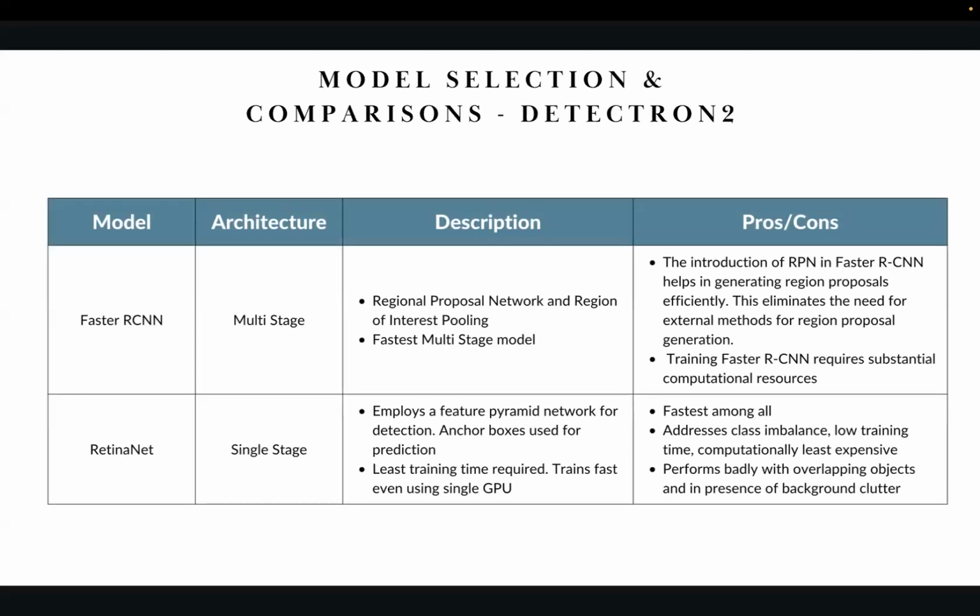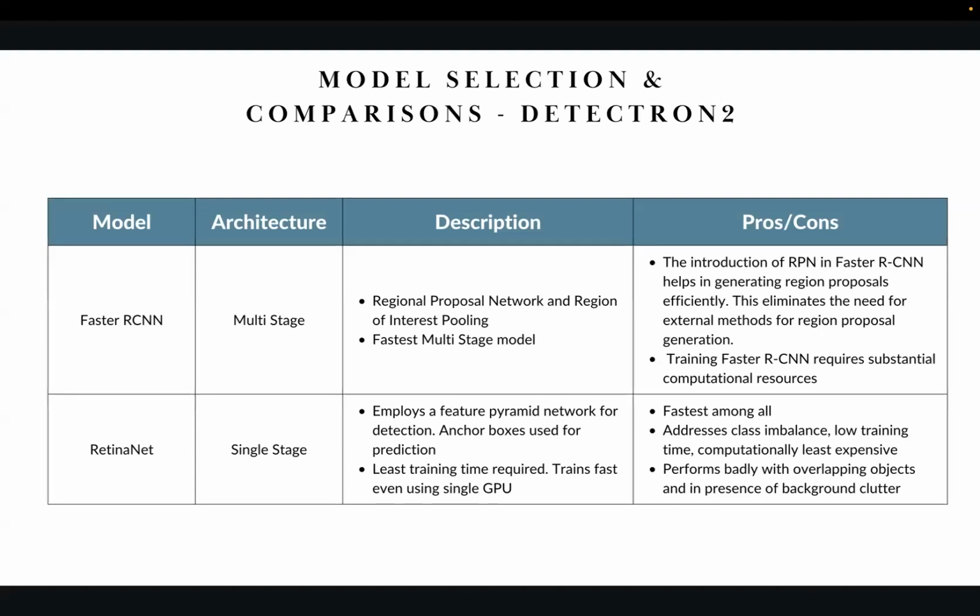And it's one of the fastest multi-stage models according to the literature survey. The introduction of RPN in Faster RCNN helps in generating region proposals efficiently. So this eliminates the need for external methods for region proposal generation. But the con is that training Faster RCNN requires a substantial amount of computational resources.